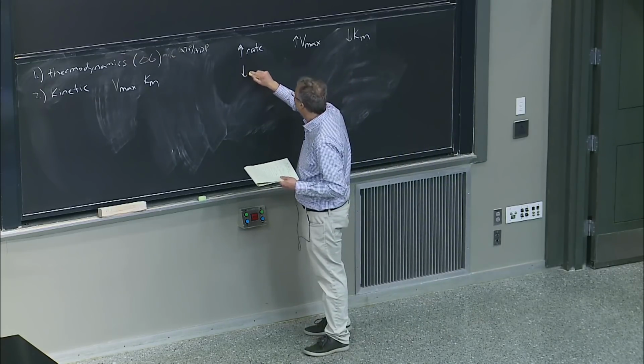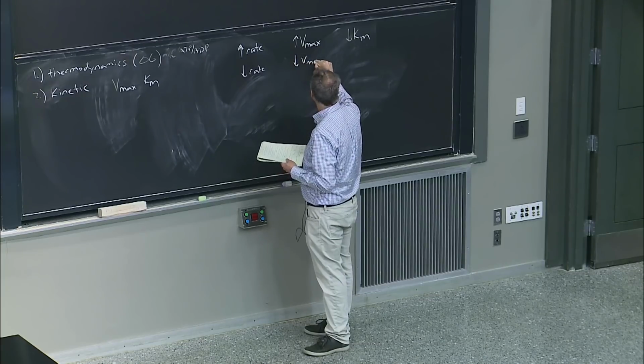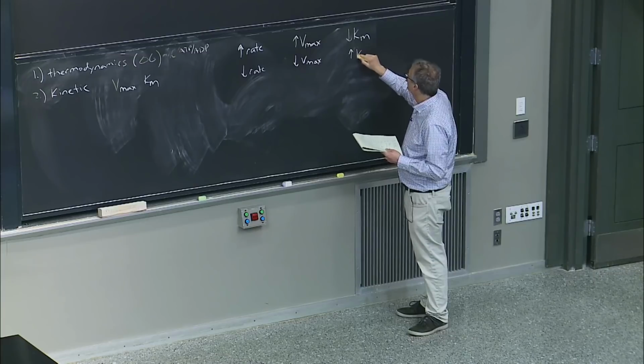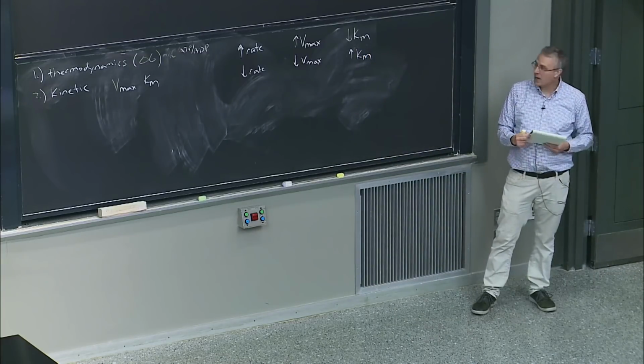How can you decrease the rate? Of course, you can do the opposite. You can decrease the Vmax, or if the substrate concentration is close to Km, you can increase the Km.